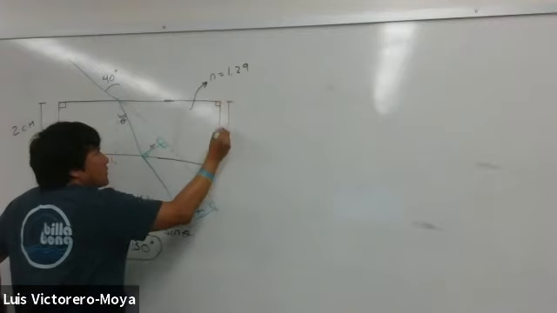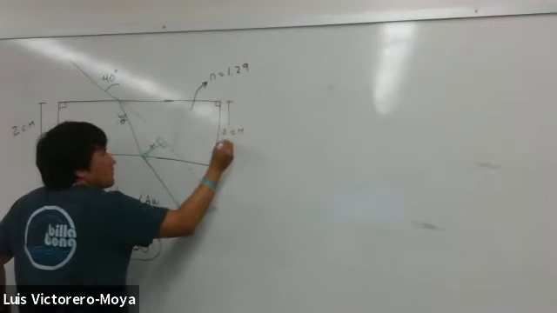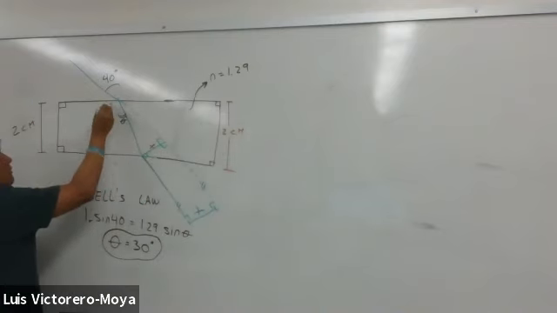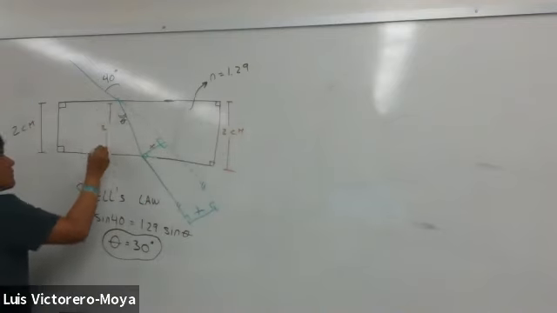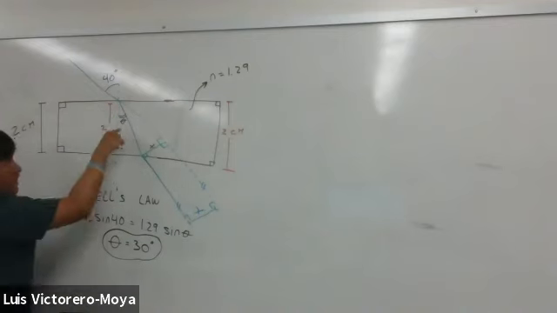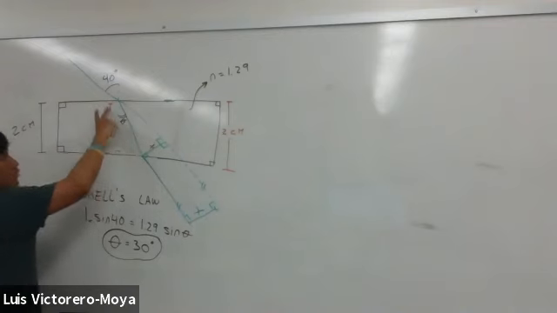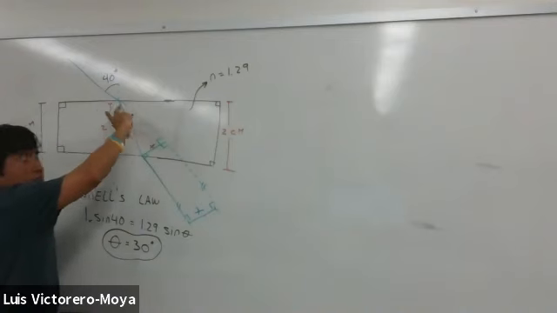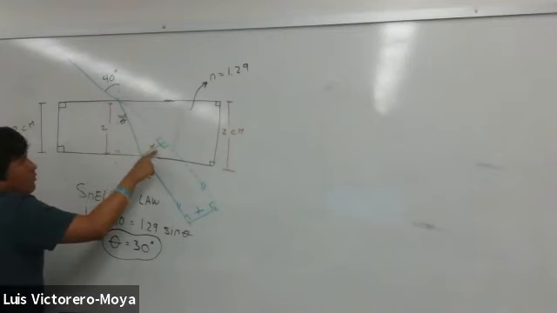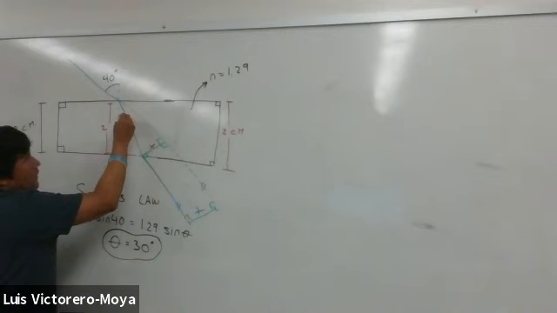This is 2 centimeters. This 2 happens to be this as well. So if I have the angle theta, which is 30, 90, 60, I have 2, I can find this side here. And if I have this side, and I want x, the only thing missing will be this angle here, I'm going to call it Y.